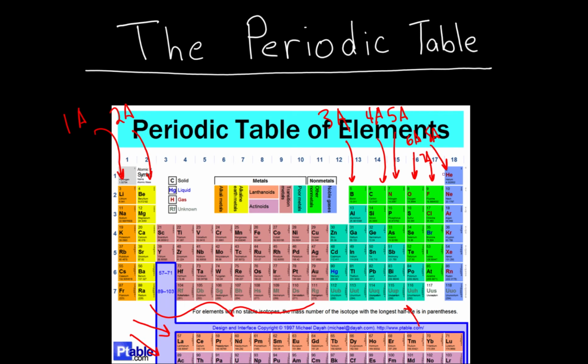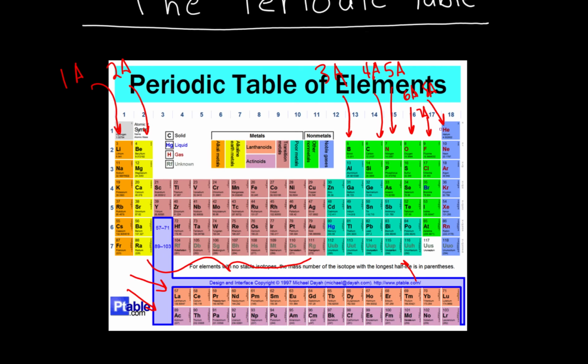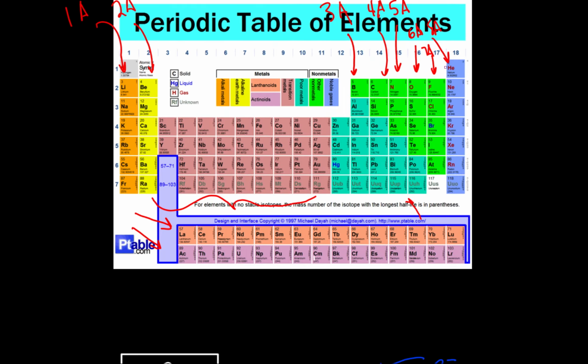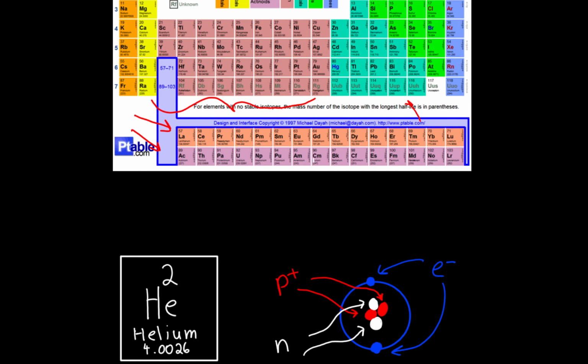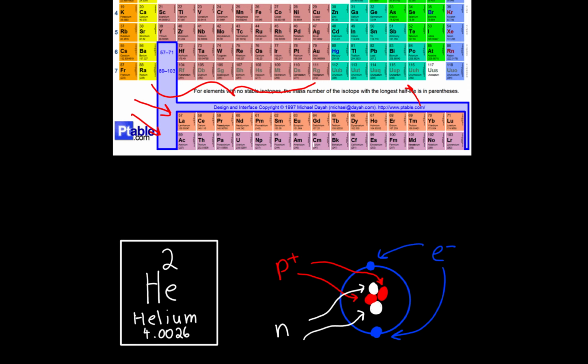Another thing that we can take a look at is the periodic table right here. Each element has a particular set of numbers within its little box. So the example that we're using today is helium. And as we can see right here is going to be the atomic number.